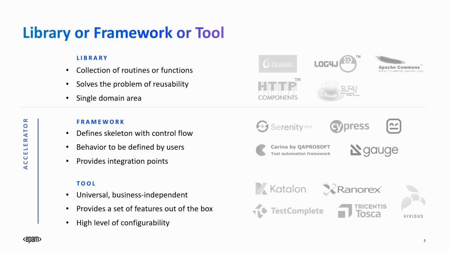I've tried to divide all software that can be used for test automation into three main groups: libraries, frameworks, and tools. When we are talking about libraries, these are mostly programming language dedicated, a collection of functions and procedures that allow you to simplify your usual work.